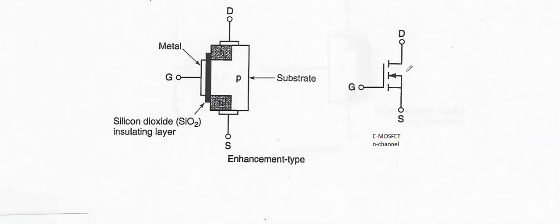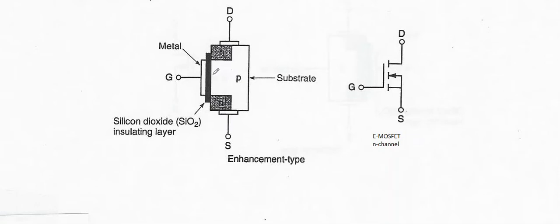You can see that in the schematic symbol. You can see the openings here that are intended to show that no channel exists, as it sits there on its own. So the E-MOSFET gets its name because it can only be enhanced.